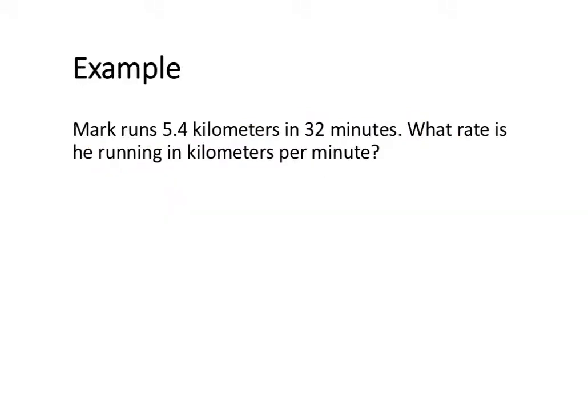In the example, Mark runs 5.4 kilometers in 32 minutes. What rate is he running in kilometers per minute? So we'll have a look at the question and pick out the key pieces of information. The key pieces of information are that he has run 5.4 kilometers and has taken 32 minutes. So that is the information we're going to use to write our rate.